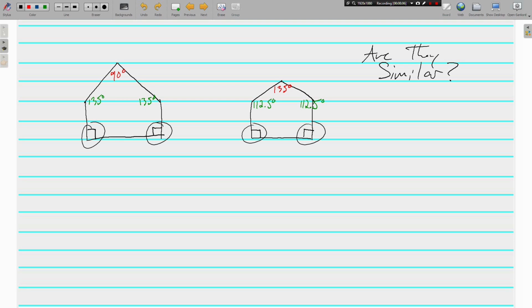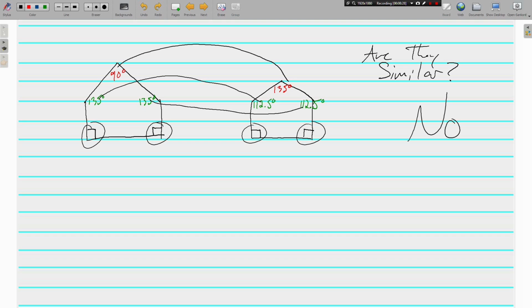These are 135 and these are 112 and a half. So are they similar? No, they're not, because the corresponding angles are not congruent. They have to be the same. If they're not the same, then they're not congruent, which means the figures are not similar.